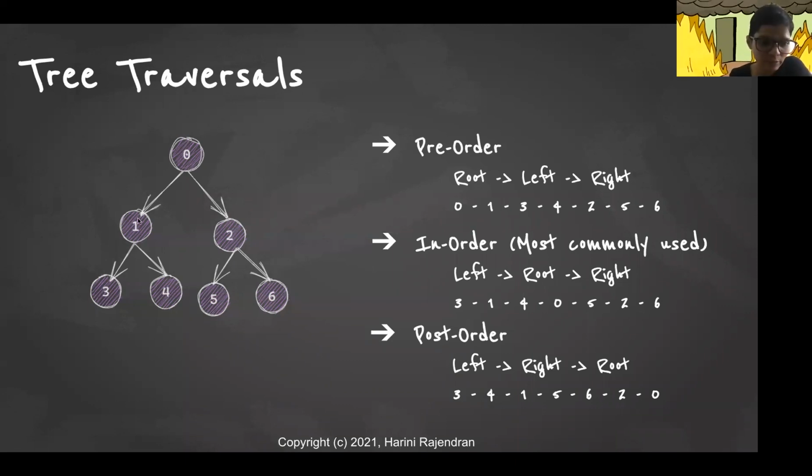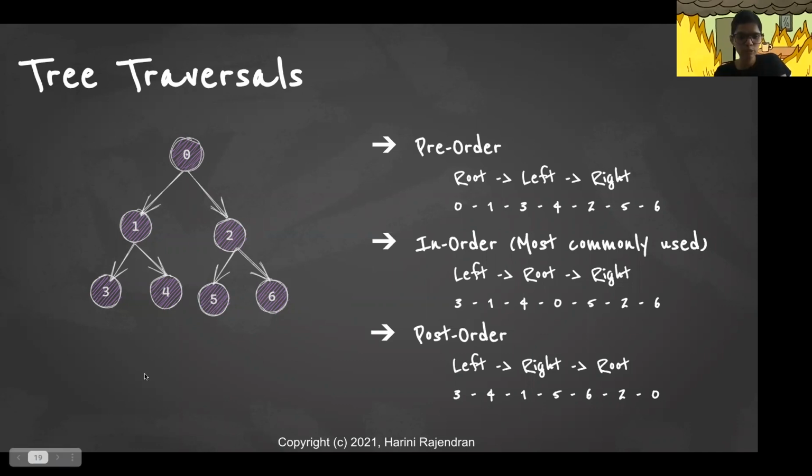So now that we are done with the left subtree, for post-order, next is the right subtree, right? So next we are coming here. We'll have to apply post-order traversal on the right subtree, which is left, right, and root, which is 5, 6, and 2. That is this part. Now that we are done with the left and right subtree, finally we would be visiting the root, which is 0.